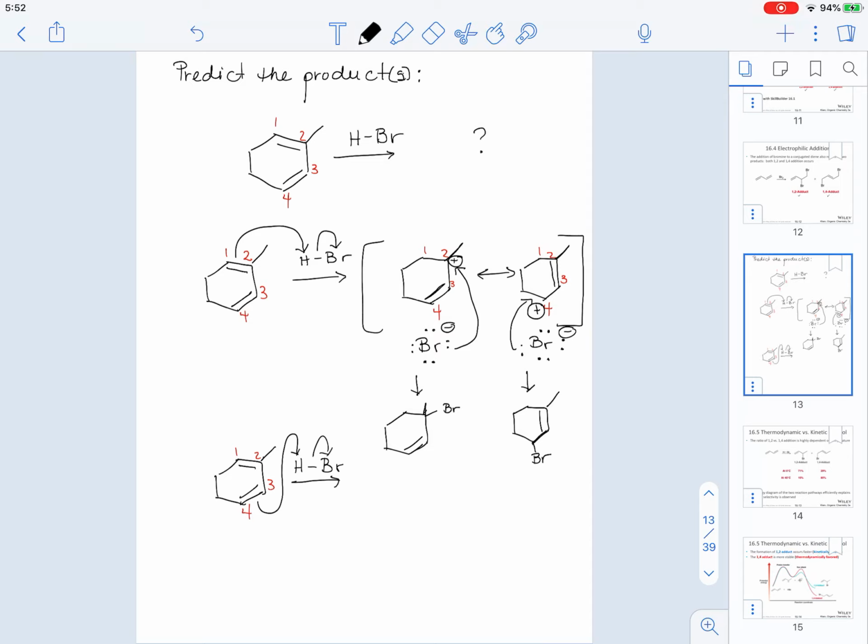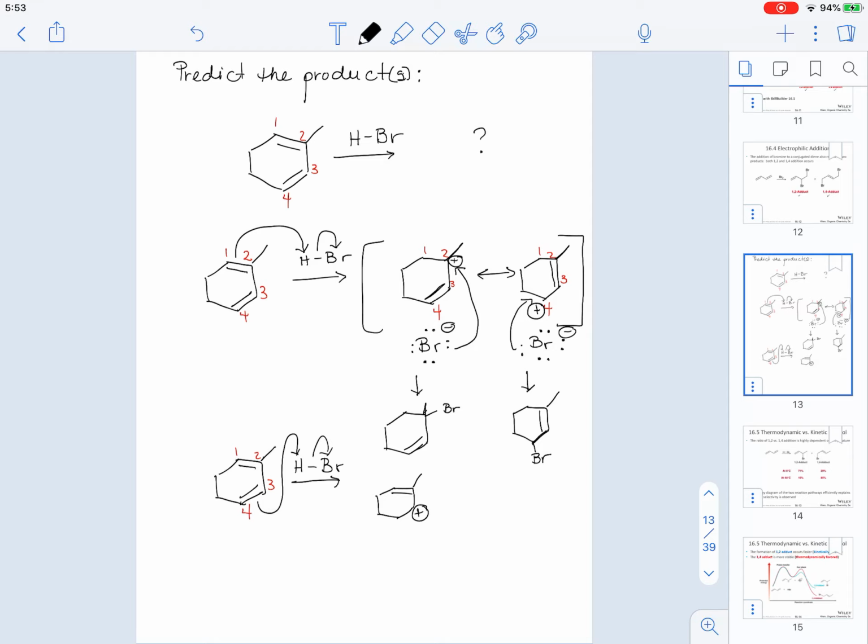then understand that at this position, we can have a carbocation form here, okay? Because at this point, 3 and 4 have the same number of hydrogens.